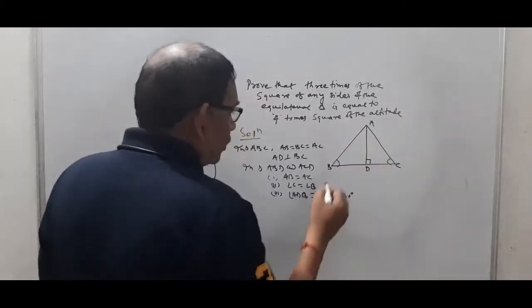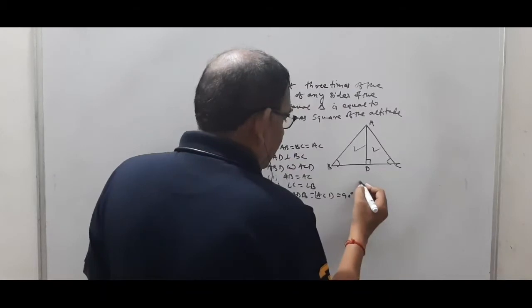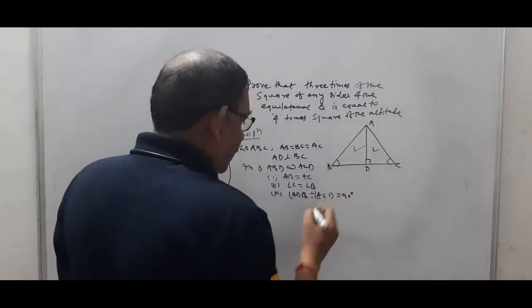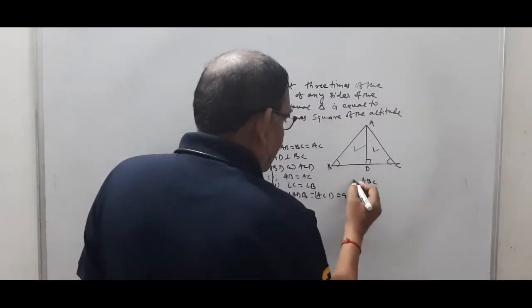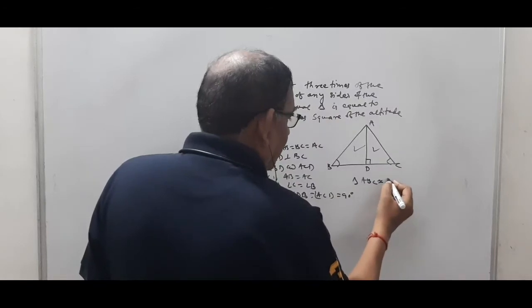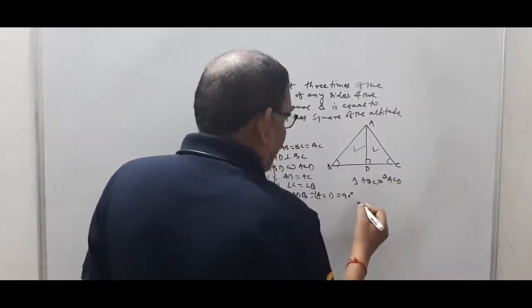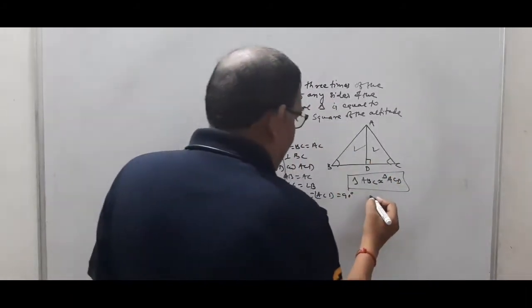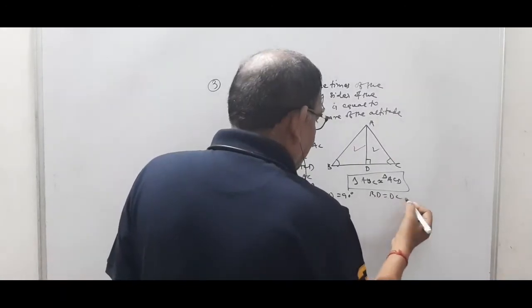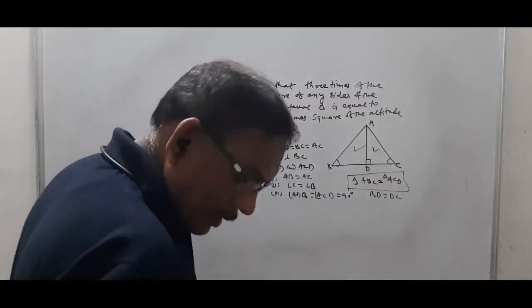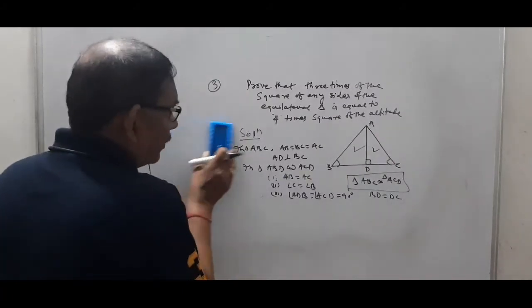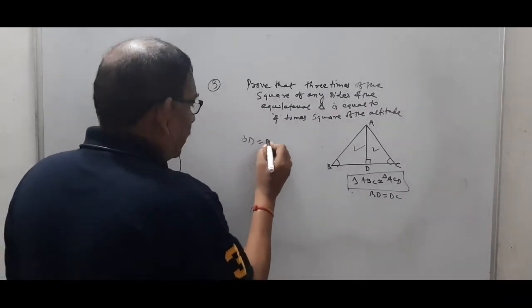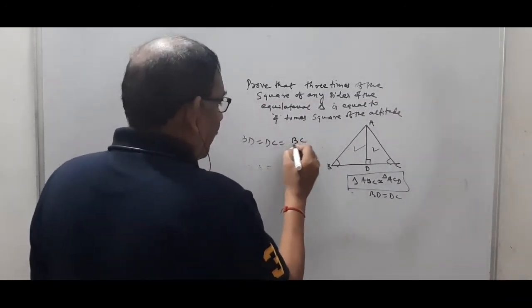So the two triangles ABD and ACD are congruent. By congruence, here BD is equal to DC. Okay. As BD is equal to DC, BD is equal to half of BC.